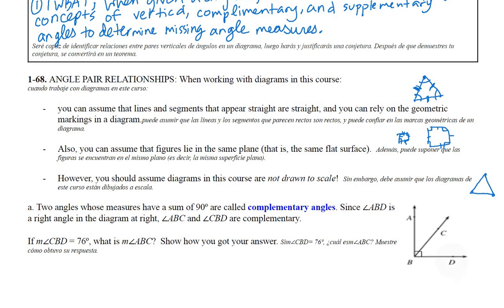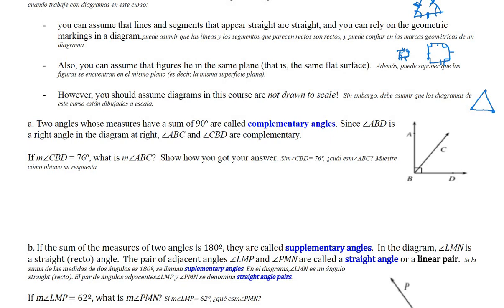Okay, here we go. Part A. Two angles whose measures have a sum of 90 degrees are called complementary. Here we have angle ABD. And we're told that it's a right angle by this symbol right here. And therefore, angles ABC and CBD must be complementary because they combine to make that 90-degree angle. Now, if the measure of angle CBD, and I'll make it blue, C to B to D, is 76 degrees, what is the measure of angle ABC?